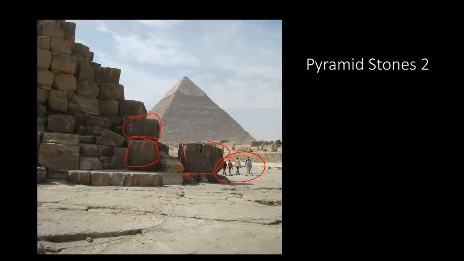And again, we get to see that while they're not identical, they are somewhat similarly shaped. They're kind of rectangular. We call this a cuboid shape. And we don't see a lot of stones this shape just kind of sitting out in the wild. This is something that needs to be done in order to get them in this shape. So something worth keeping in mind.